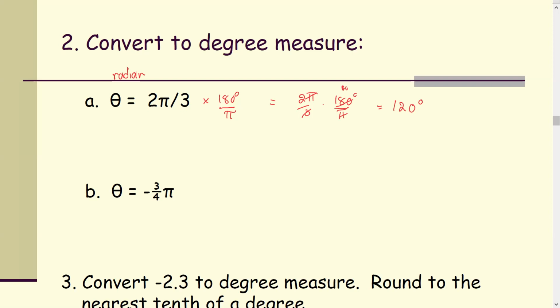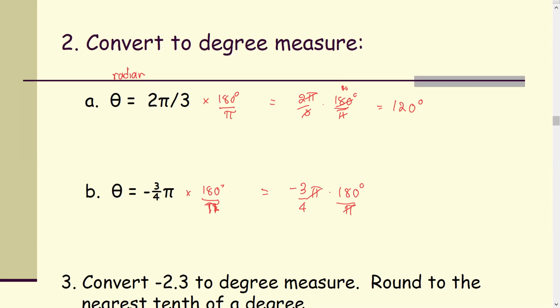Part B. The theta is negative 3 over 4 times pi. Convert to degrees, so multiply by 180 degrees over pi. Equals negative 3 over 4 pi multiplied by 180 degrees divided by pi.